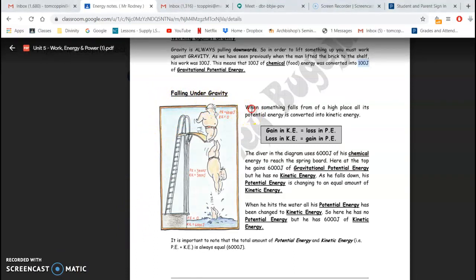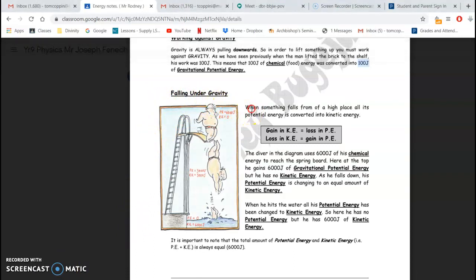When something falls from a high place, all its potential energy is converted into kinetic energy. When you drop your phone, it changes from gravitational potential energy in your hand, because gravity is pulling the phone down to the floor, into kinetic energy when you drop it, because it's moving.